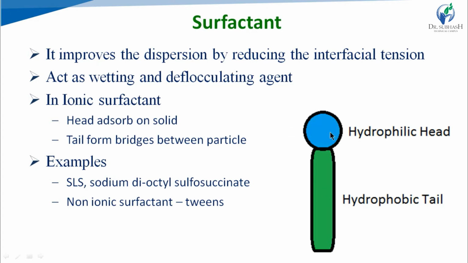The head will adsorb on a solid surface, and the tail will form bridges between the particles. Examples are SLS, that means sodium lauryl sulfate, and sodium dioctyl sulfosuccinate, and a non-ionic surfactant that is also used for the formulation of suspension, for example Tween. So by using surfactant we can reduce the interfacial tension and have a good product.